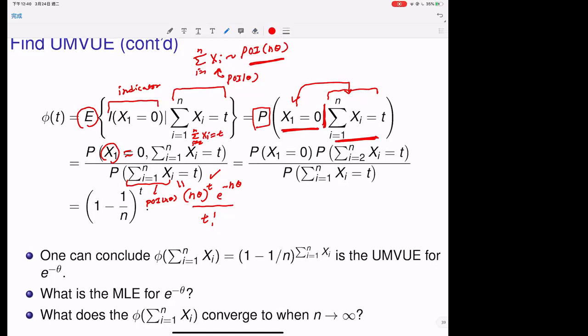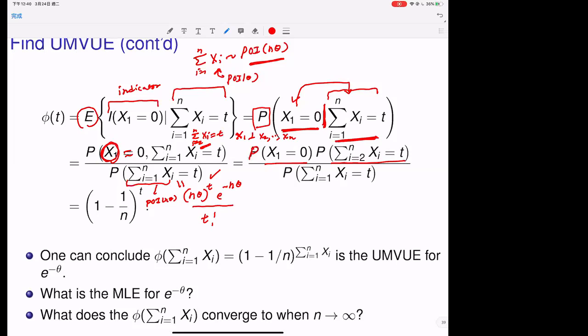I want to write it that way so I can use the independence assumption: x1 is independent of x2 to xn. So I can write it as a product of the probability of x1 equals 0, times the probability that the summation from i equals 2 to n of xi equals t, separately.